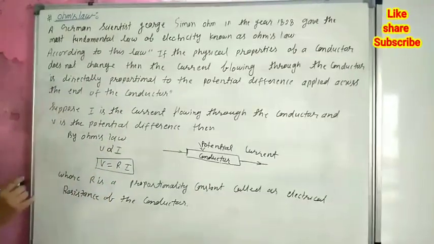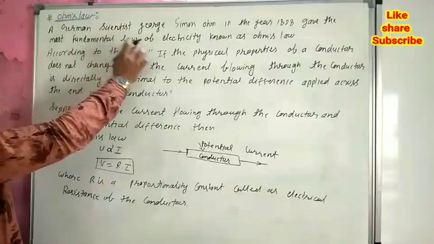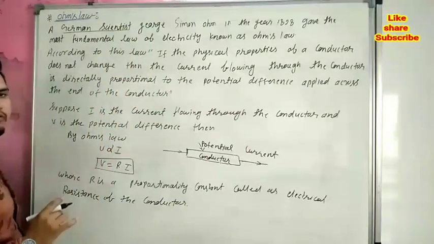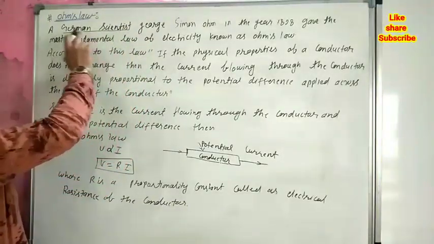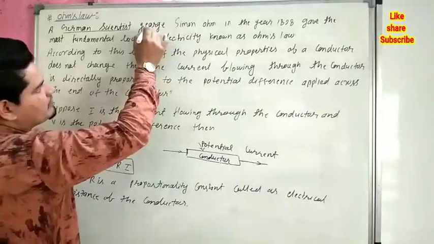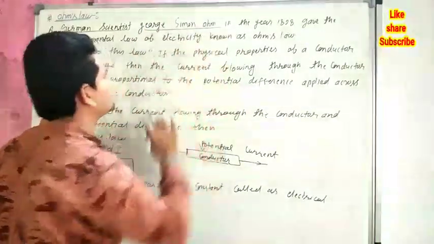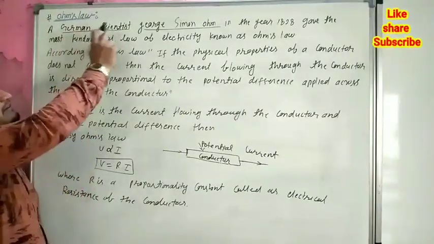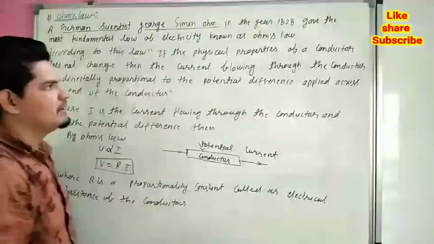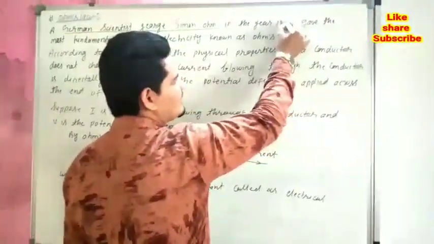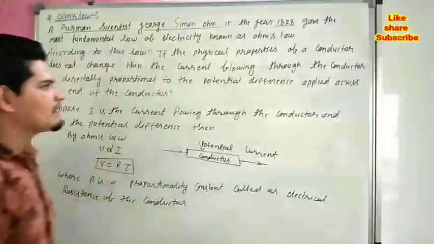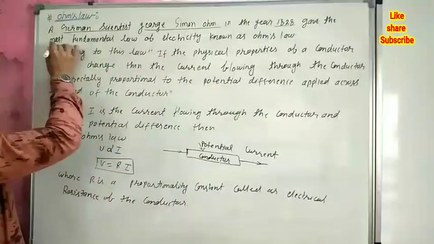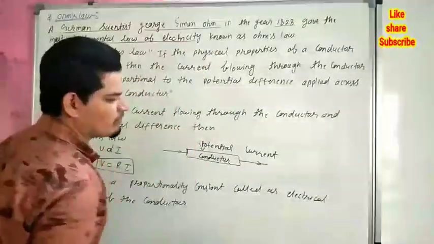So what is Ohm's law? A German scientist, George Simon Ohm, in the year 1828, gave the most fundamental law of electricity, known as Ohm's law.